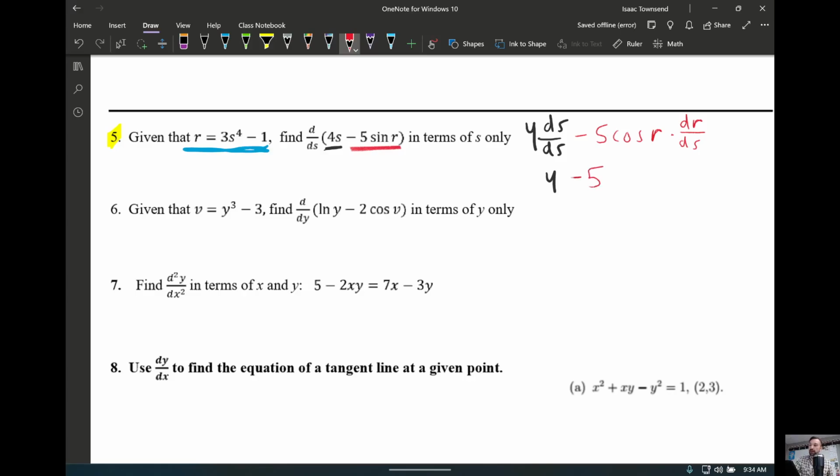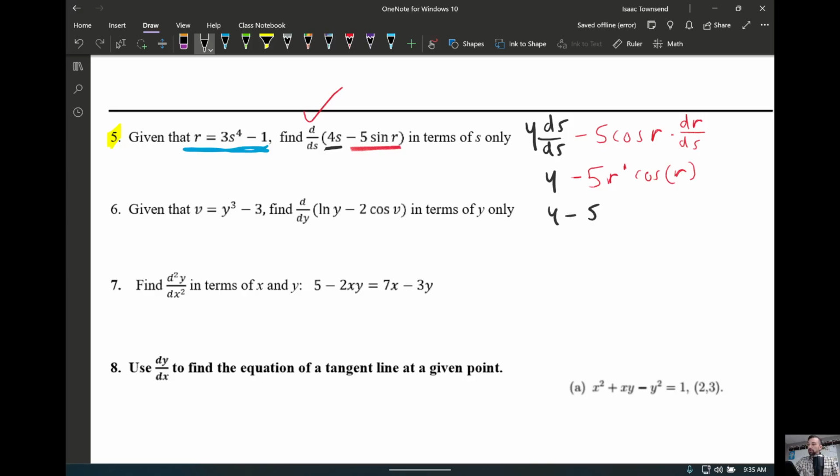So we've got a 5, we've got an r prime, and we've got a cosine of r. So I have found what they wanted me to find, but I haven't found it in terms of s only. So I need to rewrite this so that my answer is equal to this but only has s's.